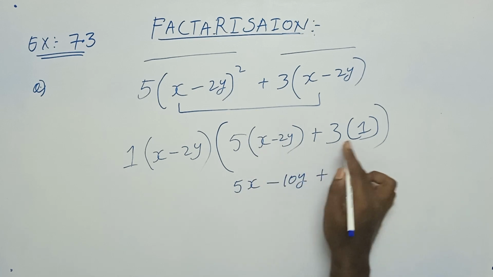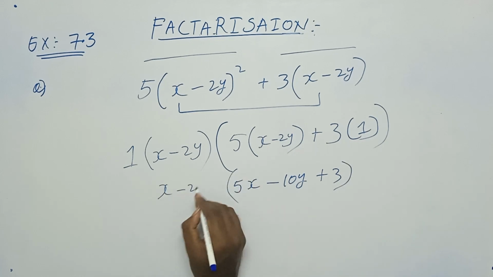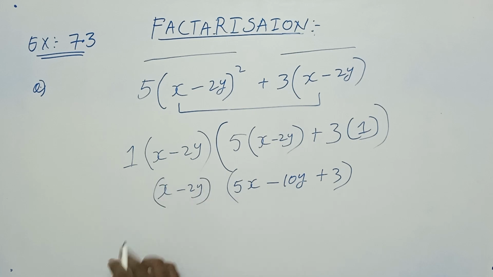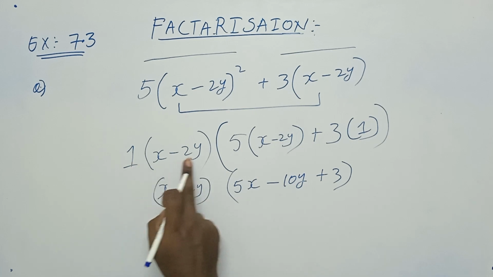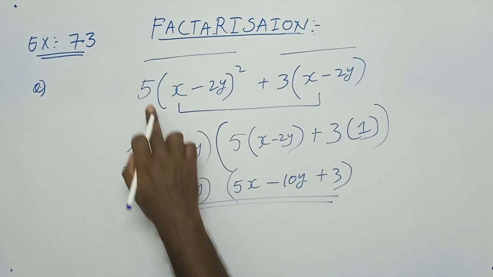Next plus 3 ones are 3. Now one factor is getting multiplied with another factor, so 1 into (x − 2y) is (x − 2y), there is no change. So we got the product of two factors of the given expression.